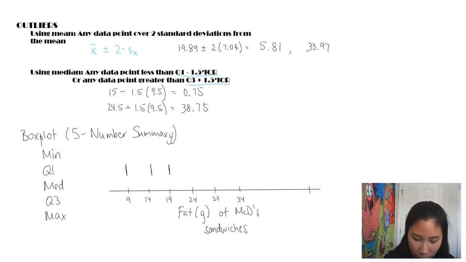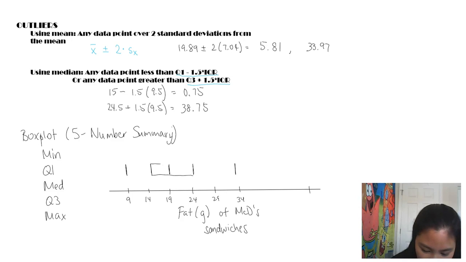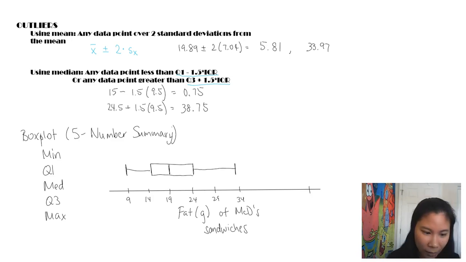Q3 was 24.5, so another line at 24.5, and the maximum was 33, so right here-ish. Okay, with the 5 numbers of the 5-number summary, the middle 3 get a box drawn around them, and then the last 2 numbers, the min and the max, get the whisker.